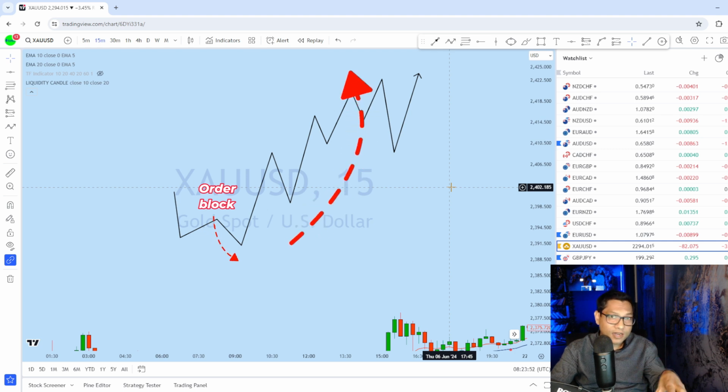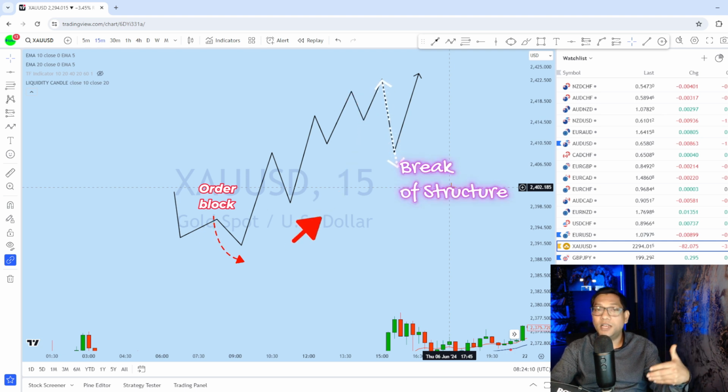And when the market comes down for a pullback, which is basically profit taking, again there is buying and the market started to move until we see that the market structure is broken.